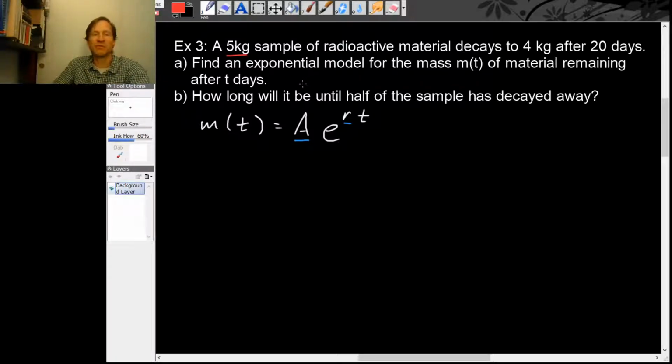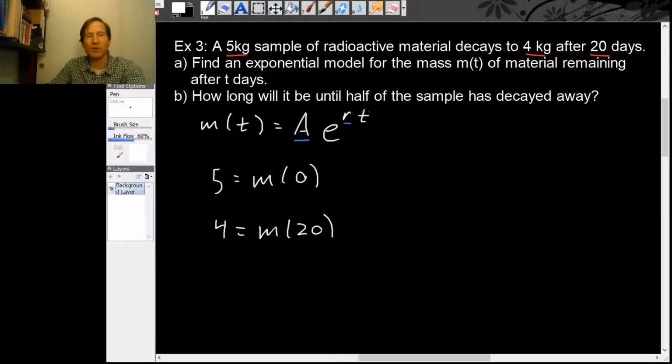We're starting with 5 kilograms, so that means m of 0 is 5, and we have 4 kilograms after 20 days. That means m of 20 is 4.